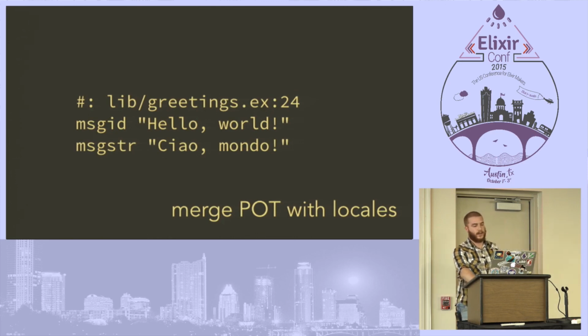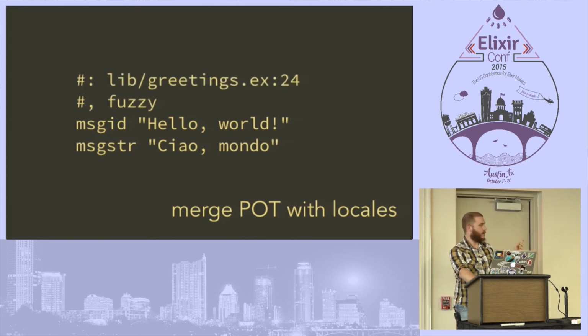We also support fuzzy matching in this case. For example, say we had a hello world without an exclamation mark in the PO file, and we add an exclamation mark in the source code. Then we run mix gettext.extract, and we get the translation with the exclamation mark in a POT file.